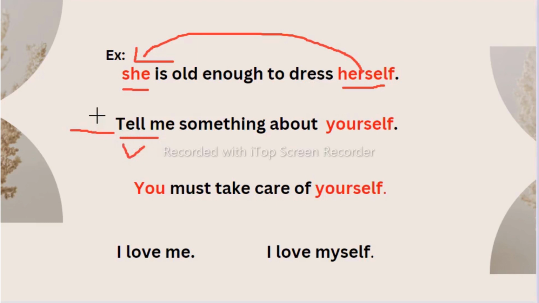Here the subject is absent, but we have to imply the subject. So yourself is also reflecting back to the subject. For example, sit down, go there, come here. The subject is not there, but we have to imply it. This type of sentence is called an imperative sentence.